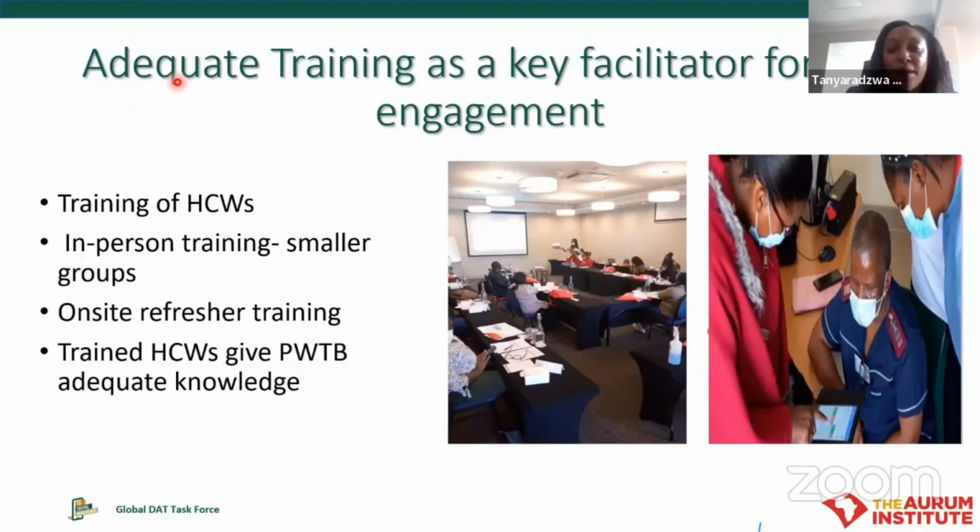We would group 3 or 4 facilities based on their availability. This was important because it encouraged participation, and they were able to ask questions if something was not clear. It also allowed us to provide sufficient support during the practical session, so they would confidently leave the training rooms ready to start the implementation.